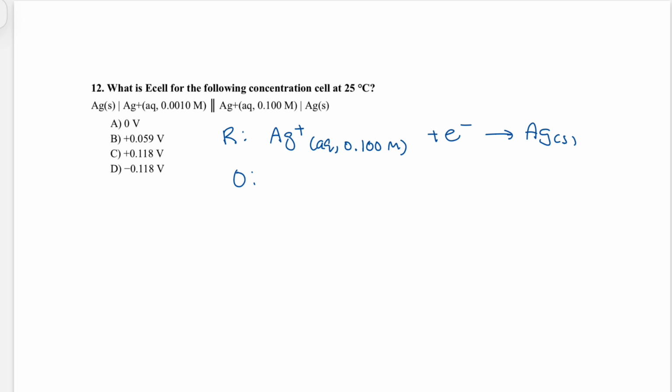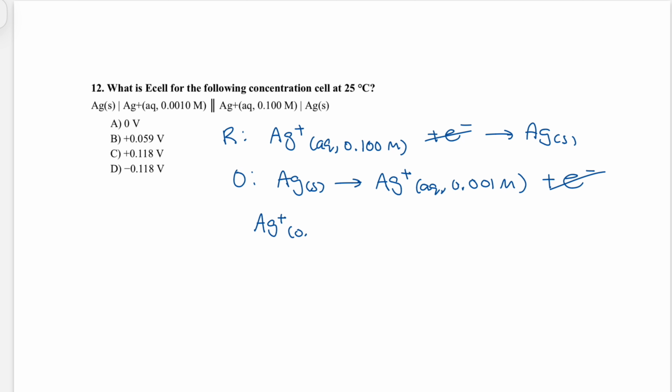Remember, oxidation occurs at the anode, so it's the one on the left. So it's the 0.001 molar. And then you cancel these out and then you can write out the full reaction after, which is Ag+ 0.1 molar plus solid silver, and then the dilute one is on this side.